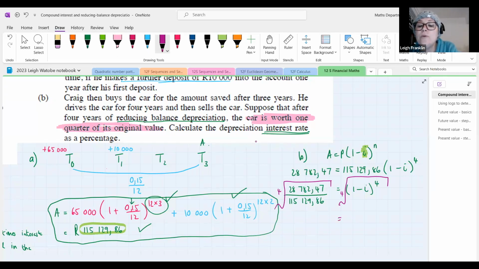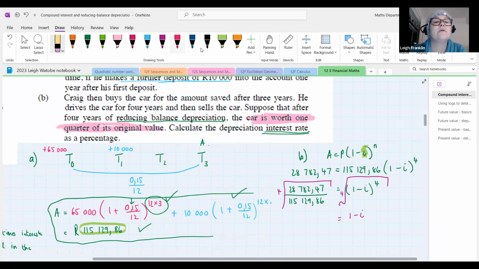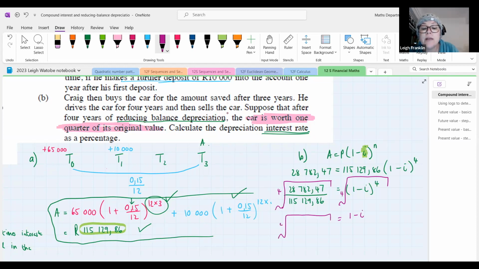Now we've got 1 minus I on the right, and on the left-hand side, I'm just going to write it all out again, the 4th root of 28,782.47 over 115,129.86.